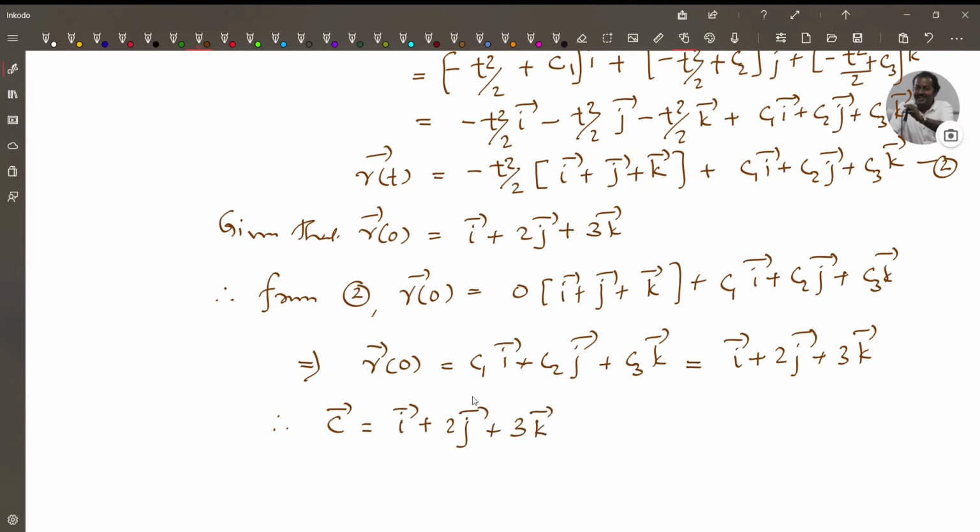Therefore r of t equal to minus t square by 2 i minus t square by 2 j minus t square by 2 k plus i plus 2j plus 3k.